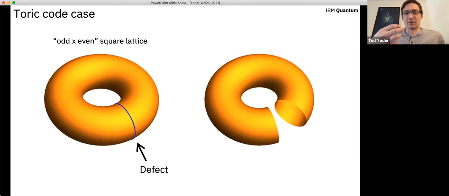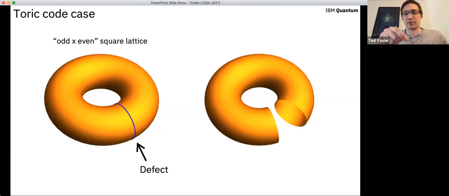Essentially, the idea of the doubled graph is that every time you cross one of these defect lines, you'll move to a different copy of the code. So here in the torus code case, we have an odd by even square lattice.